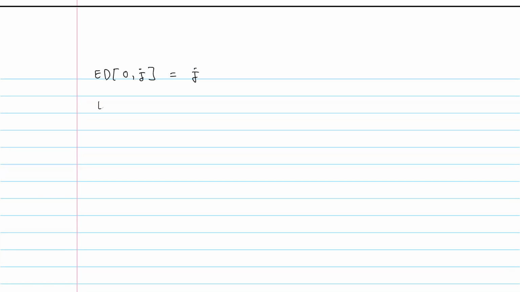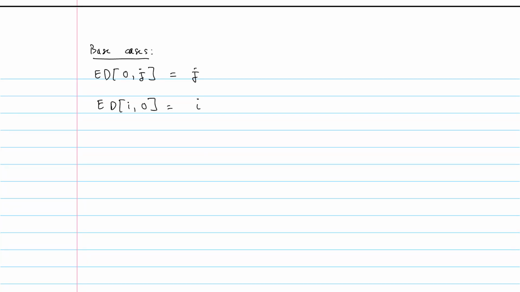Similarly, the edit distance of i and 0 is just i. So to transform the prefix of length i of A into an empty string, the only thing you can do is to delete i letters from that string. Okay, so this is the base case.